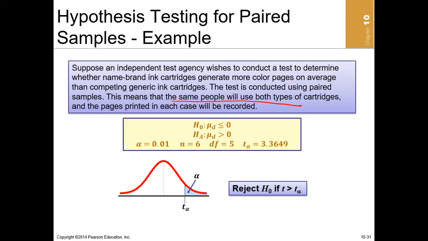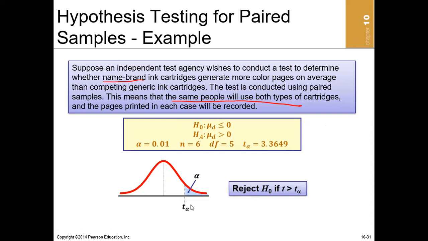Now the question says that we want to know whether the name brand will generate more printing than the generic brand. So they want to test a claim, whether the name brand will generate more pages than the generic brand.